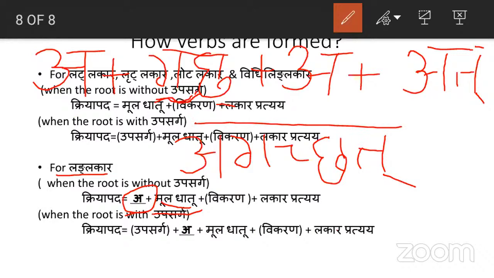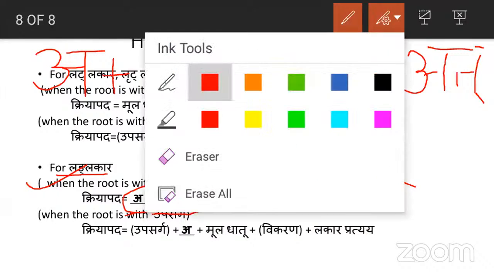So this is the example for when the root is without upasarga. If you want to write it down in your notebook, you can. Have you finished? Now the last one.